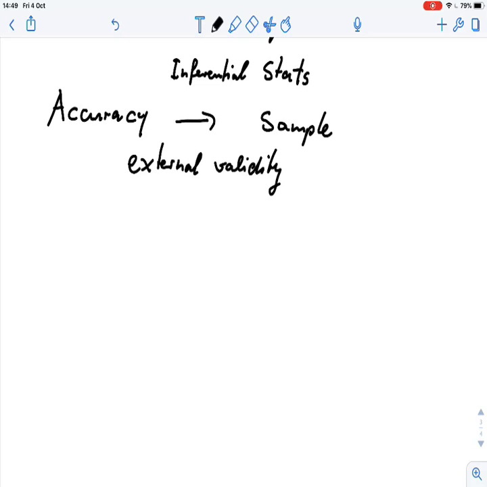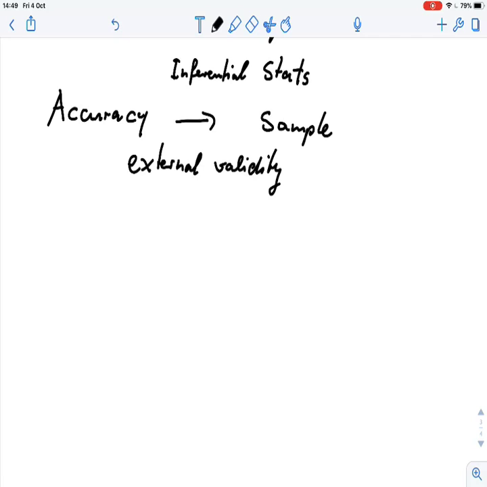You have done these measurements, and now you say, I don't care about this particular sample, because somebody else might have measured it slightly differently. And when we take a sample, what do we always have?